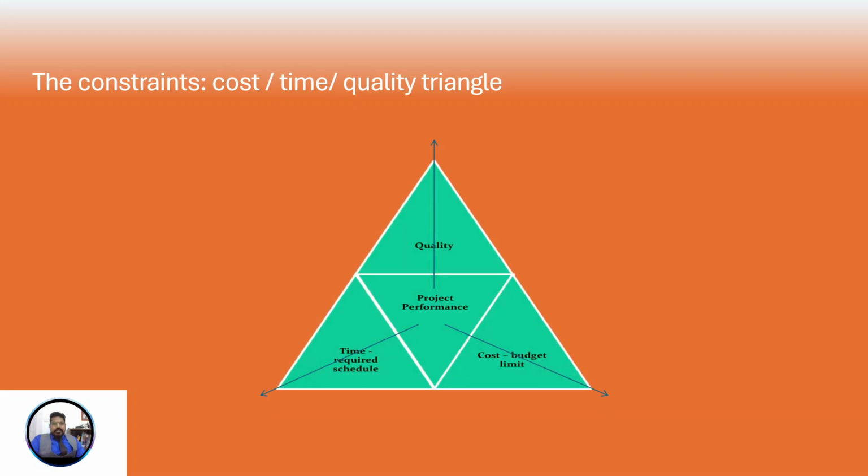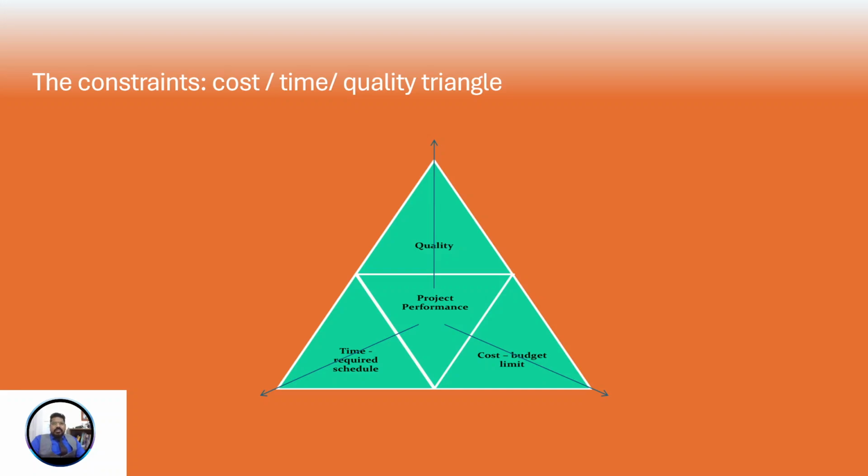Here comes the constraints: scope, time, and cost, which are known as the triple constraints. Quality, the scope, and quality. The quality standards are already covered in scope, so you either write scope or you write quality. They are the same, but normally we say scope, time, and cost, wherein quality is already defined in scope.